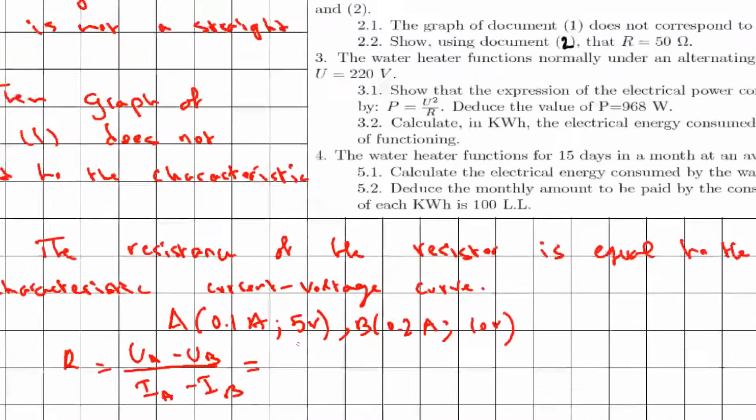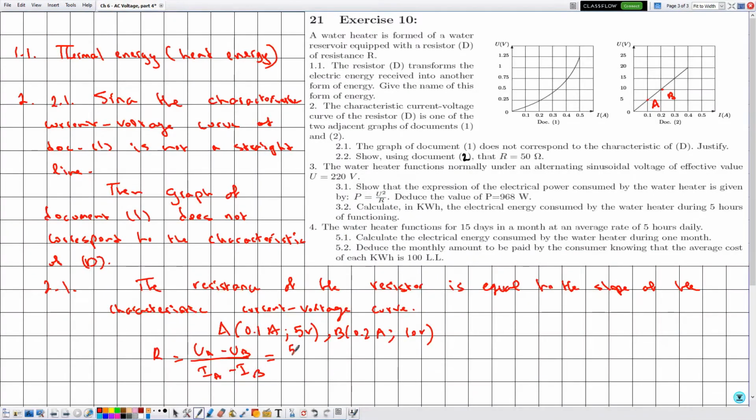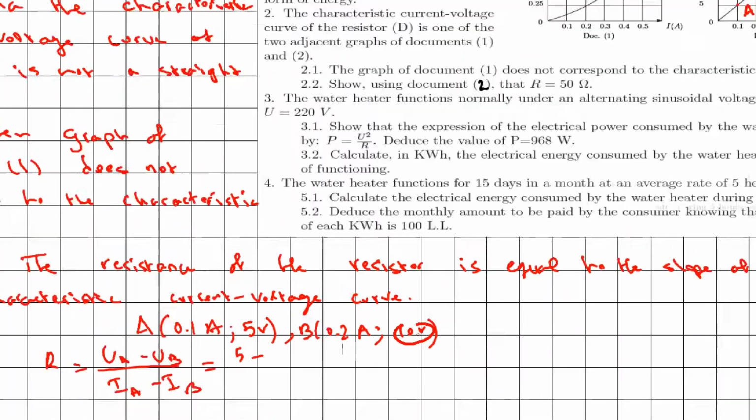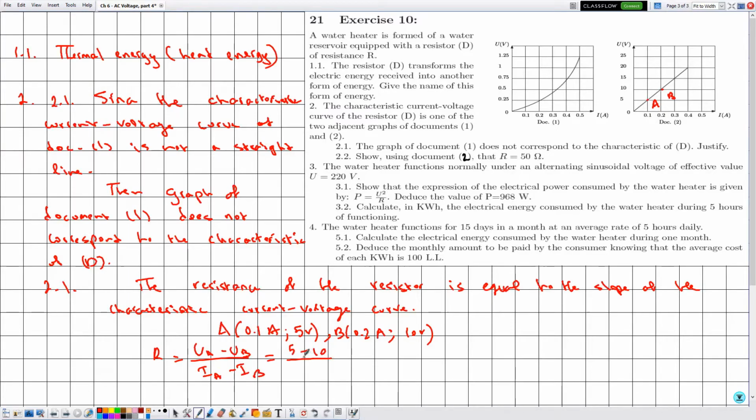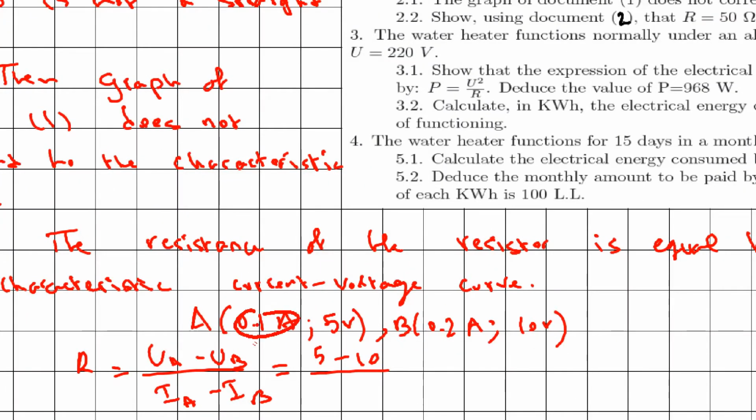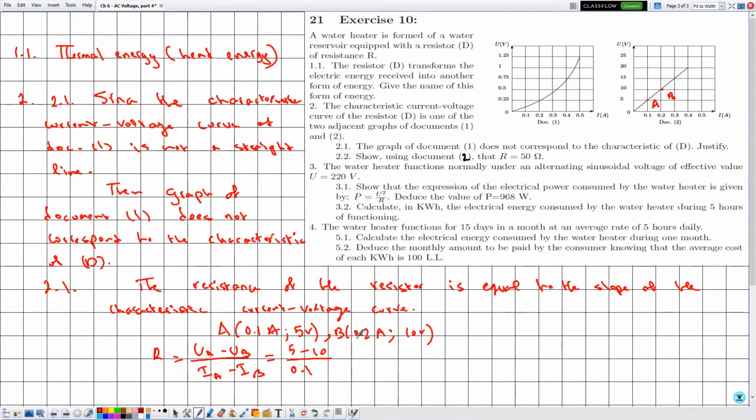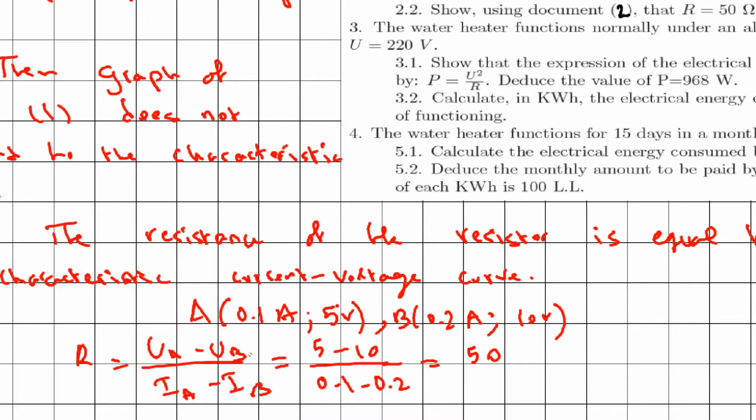Now the value of UA is given by 5, the value of UB is given by 10, the value of IA is given by 0.1, and the value of IB is given by 0.2. Plugging this complicated fraction on the calculator, then the value of R is given by 50. So how do we know that this is the voltage? Because it carries the unit volt.